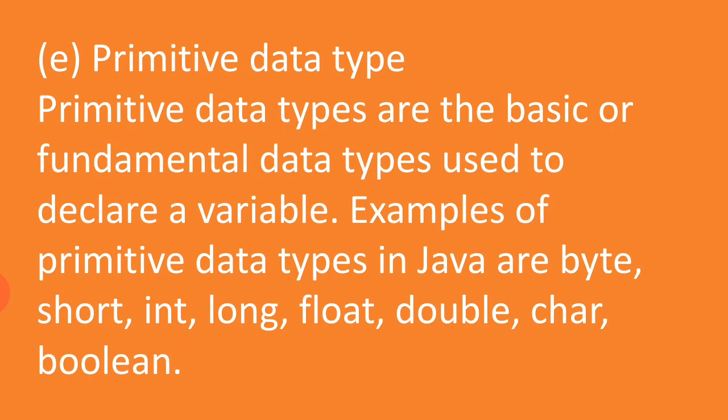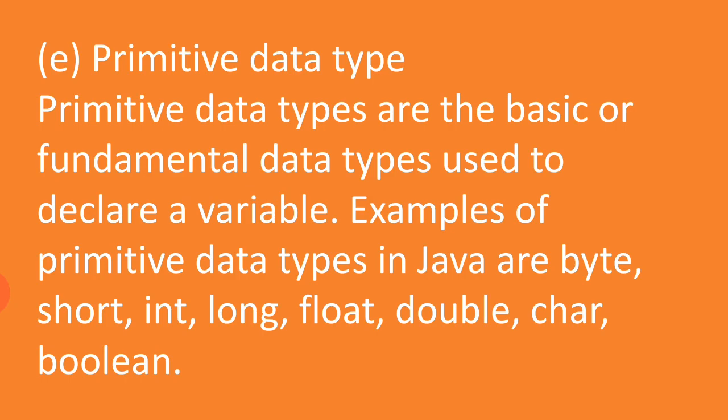Alright. After that, primitive data types. Primitive data types are the basic or fundamental data types used to declare a variable. Examples of primitive data types in Java are byte, short, int, long, float, double, char, and boolean. Only these many primitive data types are there.